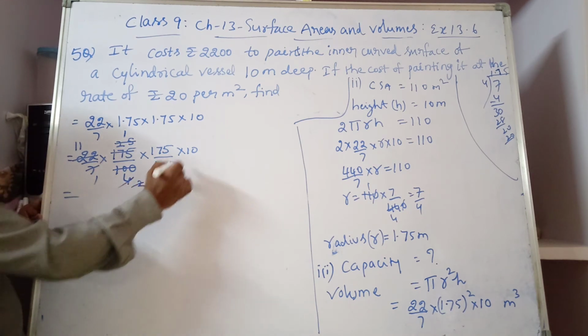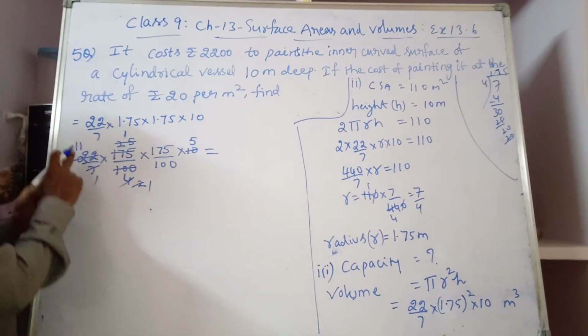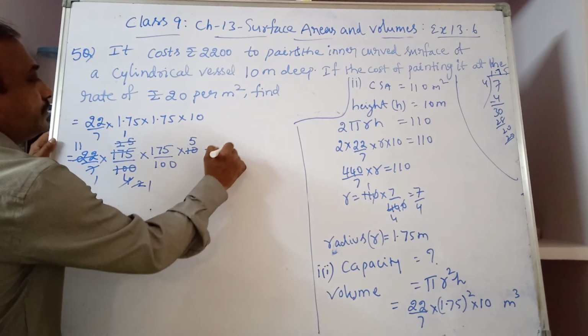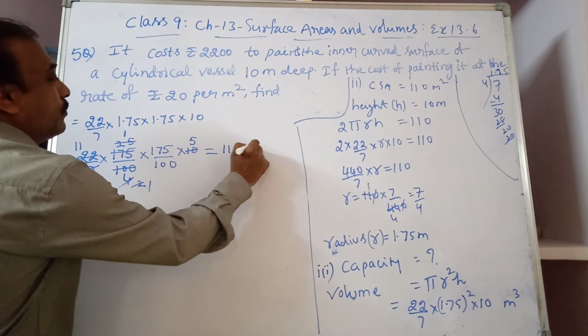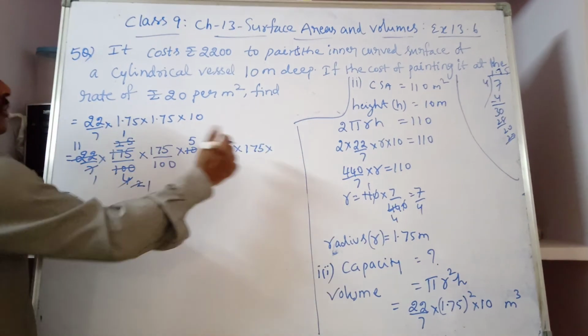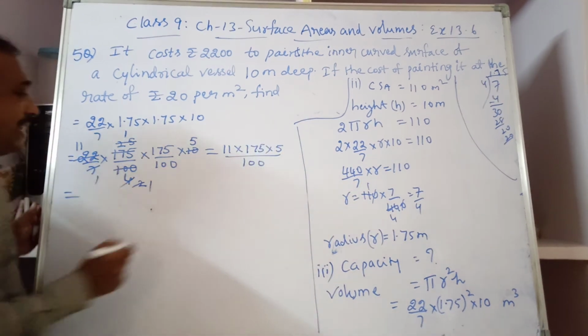Now 2 ones are 2, 2 fives are 10. So what we have here, finally, is 11 into 1 into 175 into 5 by 100.